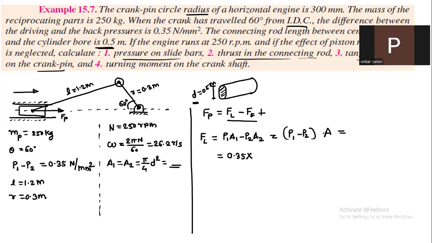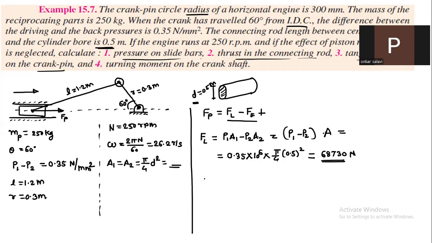So mm into meter will be 10 to the power minus 3 squared, so it will be 10 to the power 6 Newton per meter square, into the area, which is pi by 4 d square, so pi by 4 into 0.5 square. From this we will get FL, which is 68,730 Newton. So this is the value of FL.